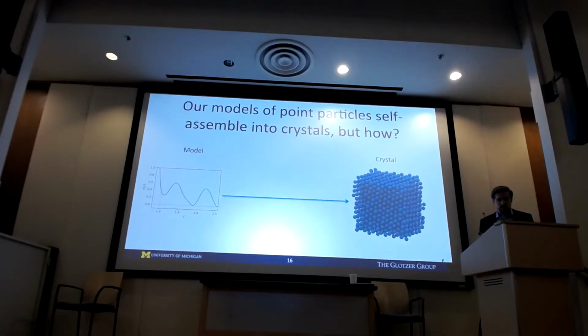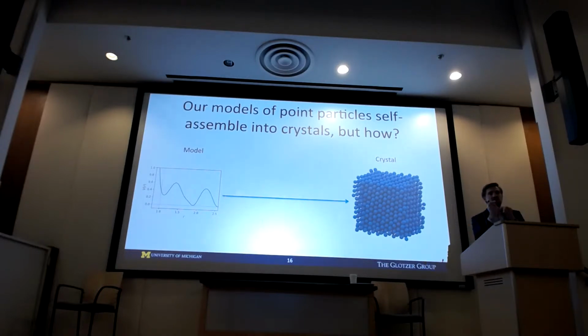So I'm going to pivot a little bit now. We were able to find these models in terms of isotropic pair potentials that will assemble some desired crystal structure. What we were also interested in next was to find out how exactly we are getting from here to here. So just as a reminder, these energy fields represent point particles in space that are interacting via this energy.